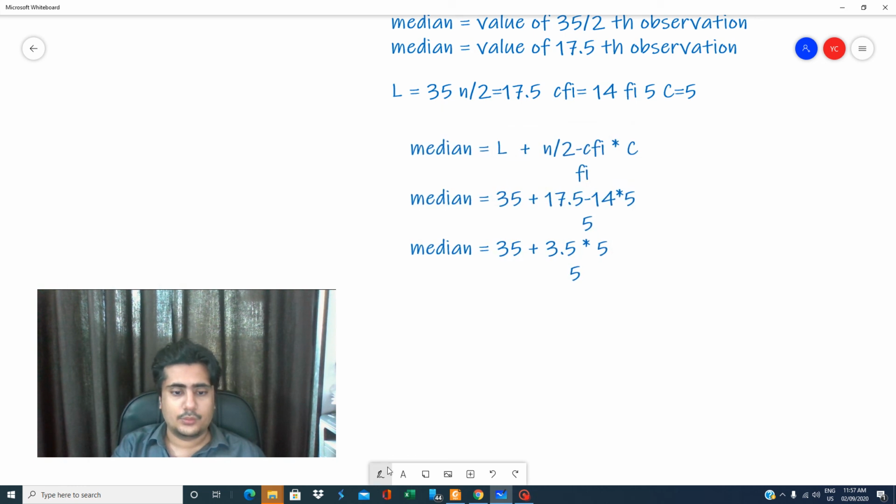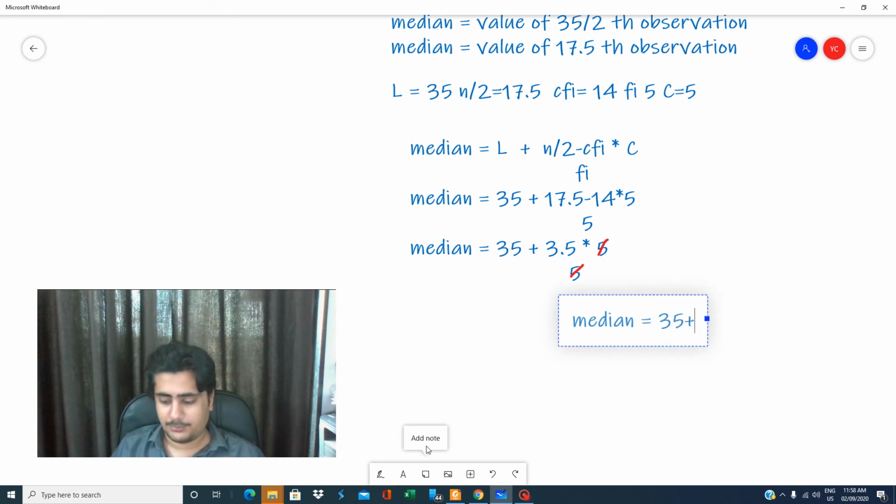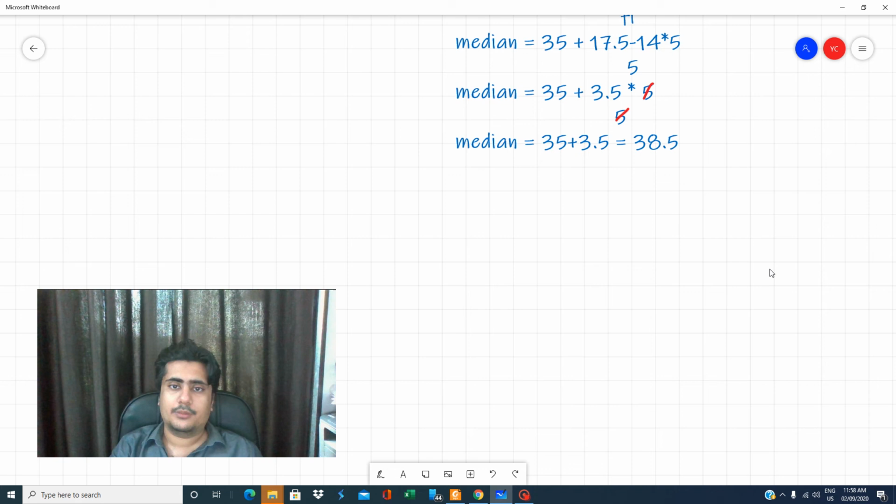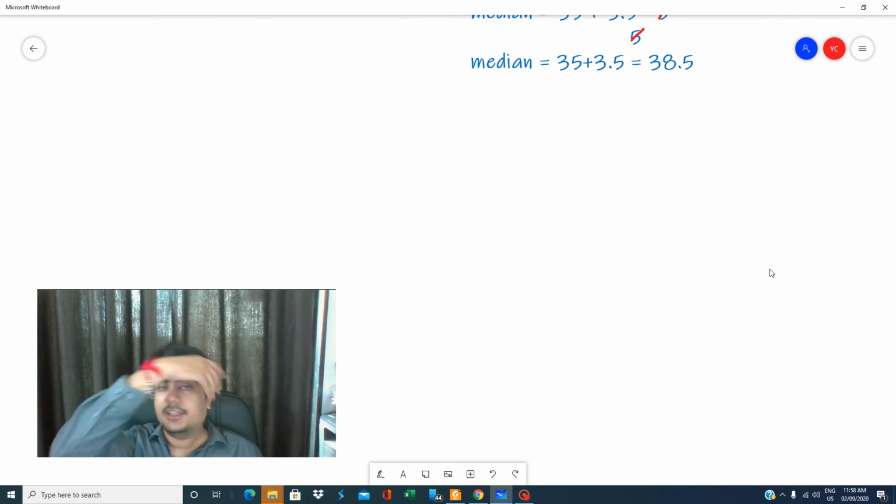So we'll cut that 5 and 5 up and down. Okay. So my median is 35 plus 3.5, that is 38.5. Median is 38.5. Now I need to find the mean.